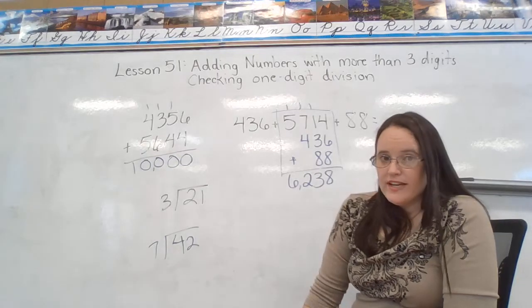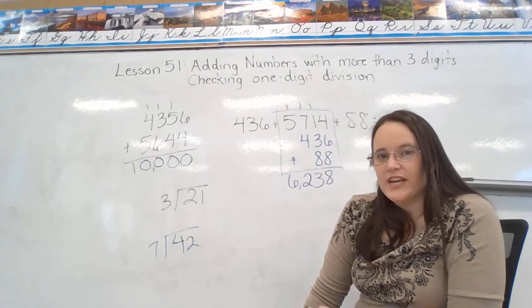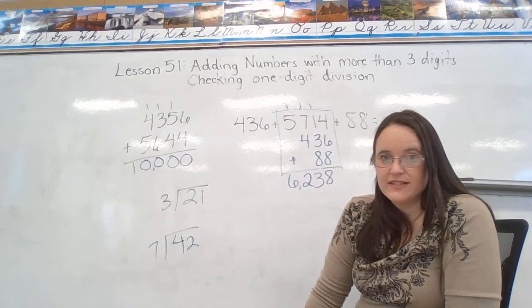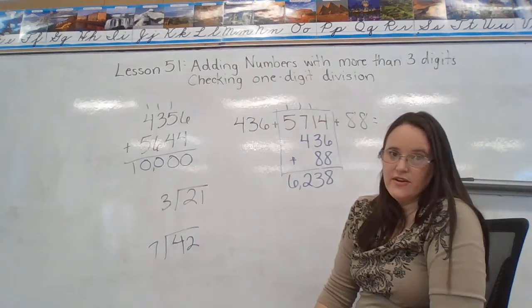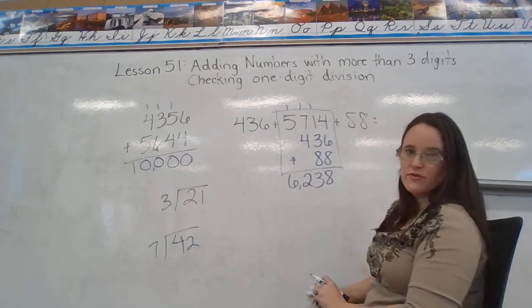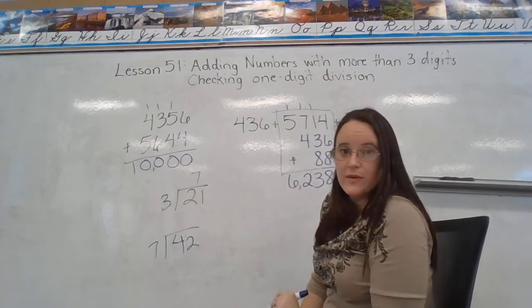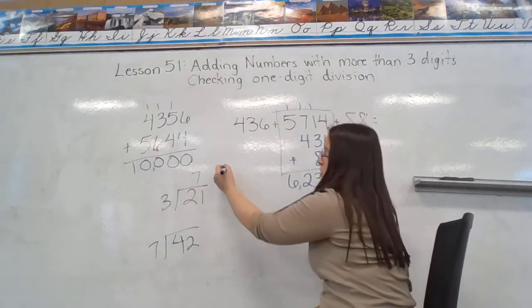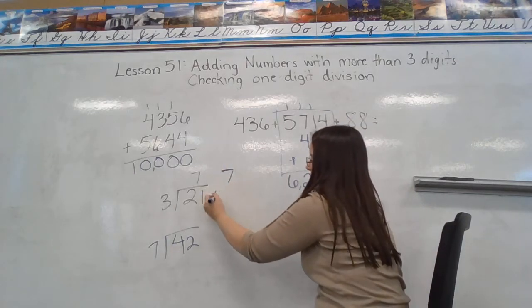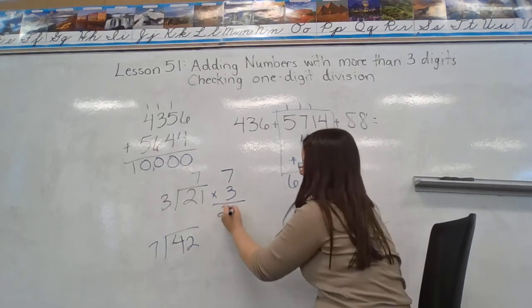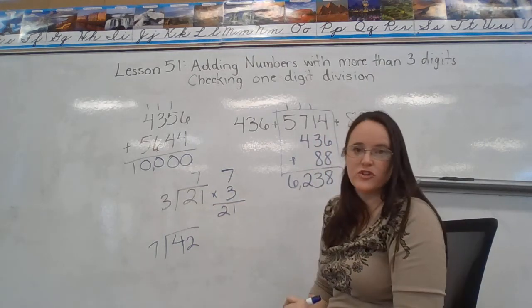I am more interested in, did you check your work with multiplication, than what your answer is. So I know that 21 divided by 3 gives me 7. But what I want to see on your paper is that you also wrote 7 times 3 is 21 to show that you've checked your answer.